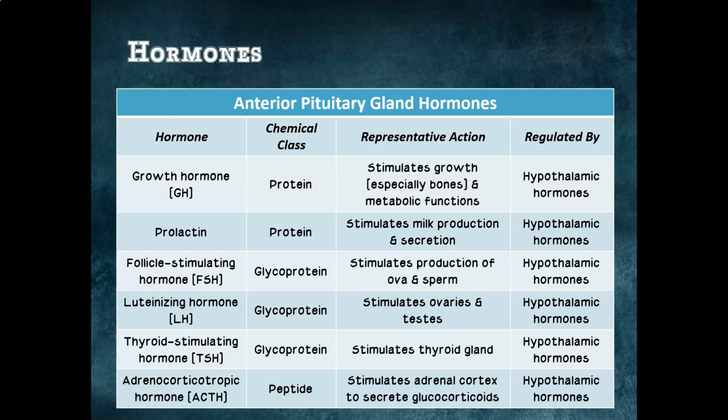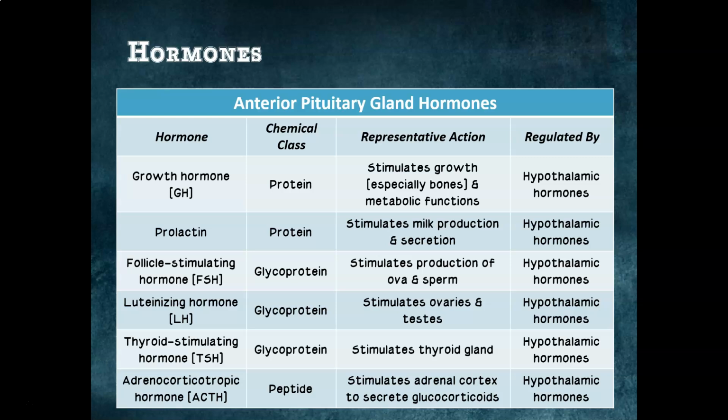Your FSH, which stands for follicle stimulating hormone, will work in the production of ova or eggs in females, as well as the production of sperm in males. Luteinizing hormone, or LH, is also one that's going to work in terms of stimulation of ovaries or testes, depending on the gender you're talking about.